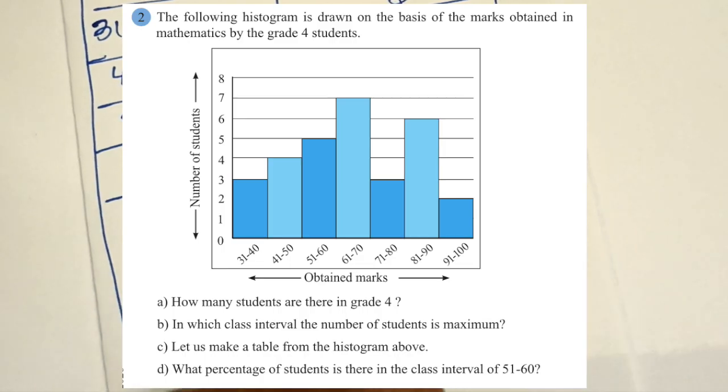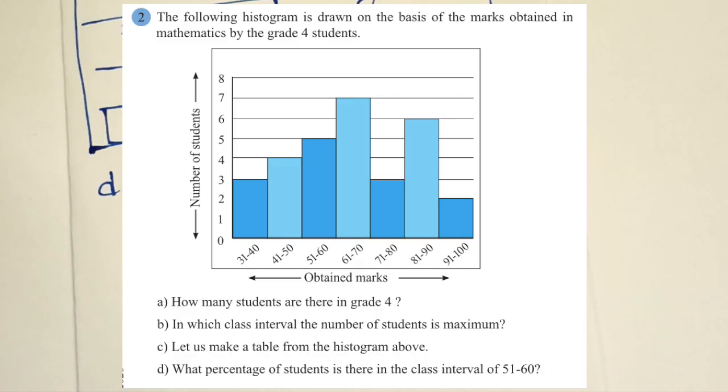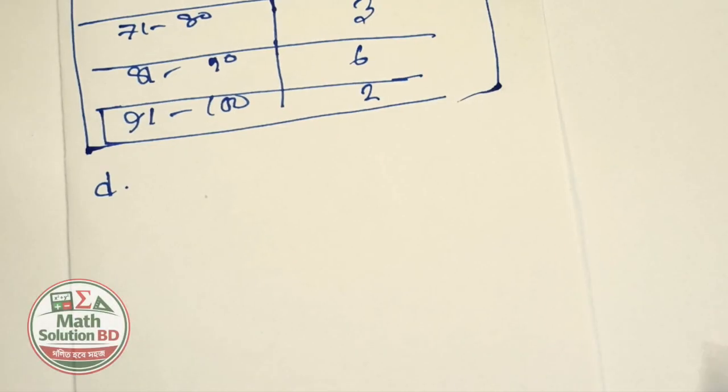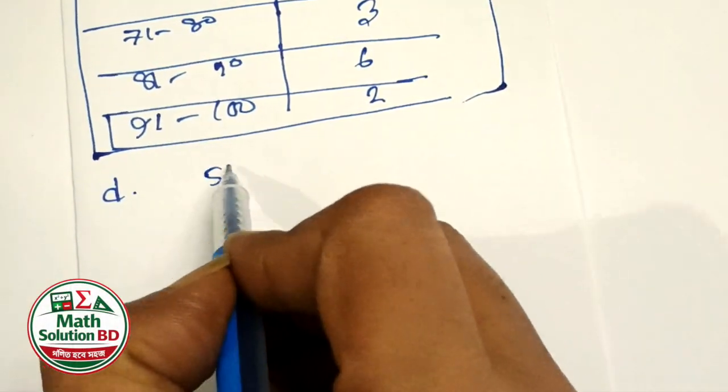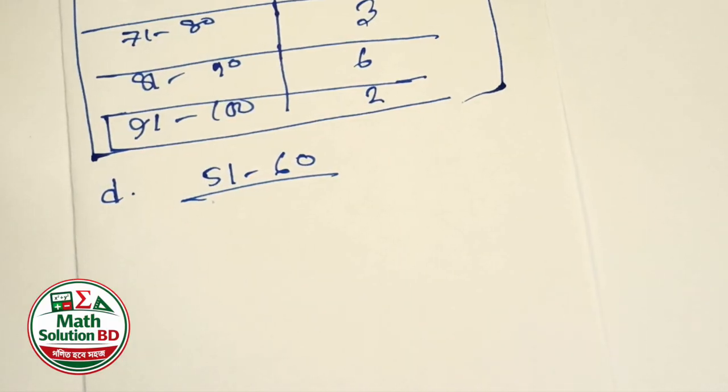And number D. What percentage of students are in class interval 51 to 60? Means what percentage of students got 51 to 60 marks?